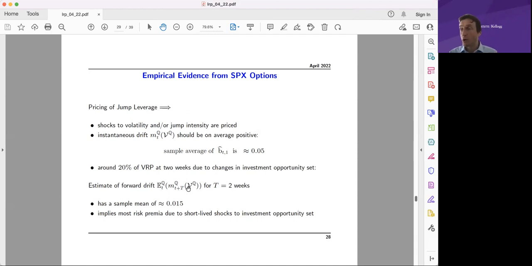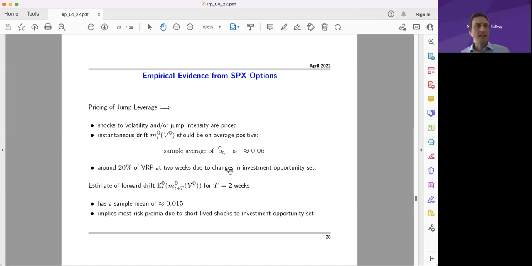If the compensation for shocks to volatility were also on the long end, then we should expect this to be equally large as what we recover on the short end. But that's not what you see. If you look at these estimates of the slope, they really go down, and they go down very fast, I would say surprisingly fast.